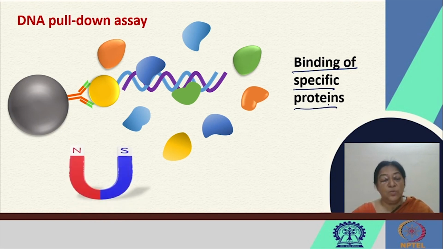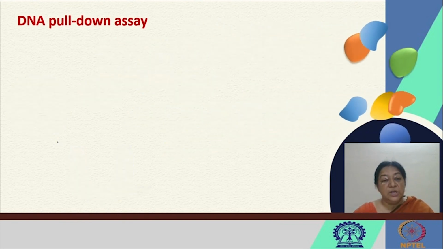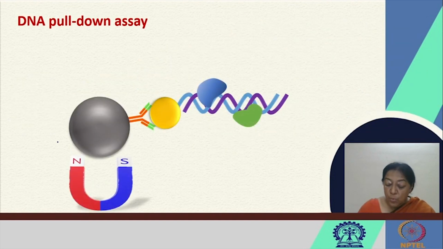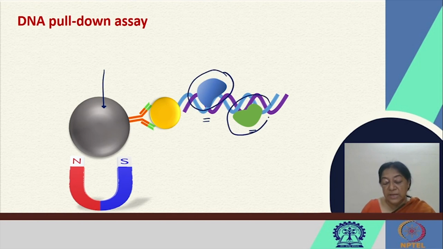So as a result, what happens? Because of the presence of the magnetic bead now, this can be separated. So the separation occurs where the proteins that have a DNA binding domain are bound to the DNA that has been pulled down due to the magnetic attraction for the magnetic beads, and now we have the protein bound to the DNA.